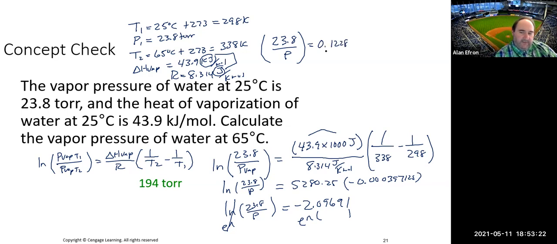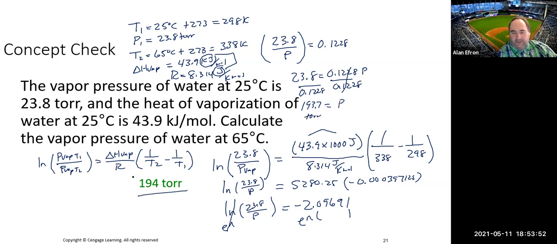Multiplying the P to the other side, dividing by the 0.1228, those guys are going to cancel, and that is going to yield us 193.7. And it would be the same units as the other guy, which is torr. And again, rounded to 194 in that particular case.